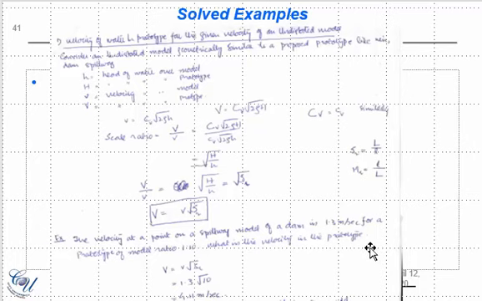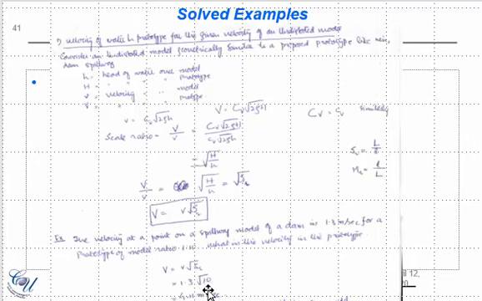Now this is a question. So you have been given the velocity in the model, which is 1.3 meters per second, and the scale ratio is equal to 10. So what would be the velocity in the prototype? We just use this formula, that velocity in the prototype is equal to the velocity in the model multiplied by the scale ratio under the root.